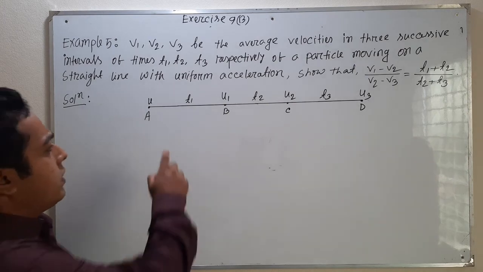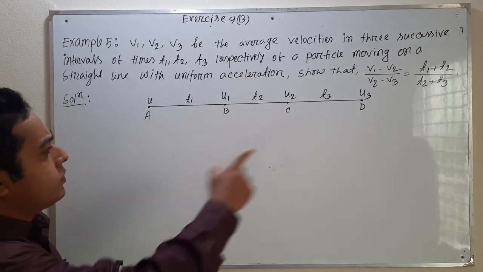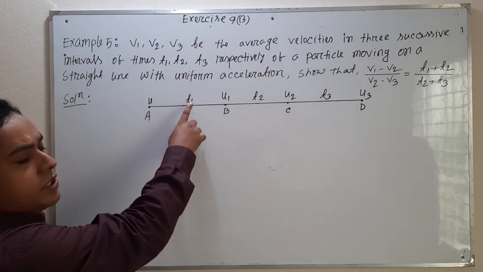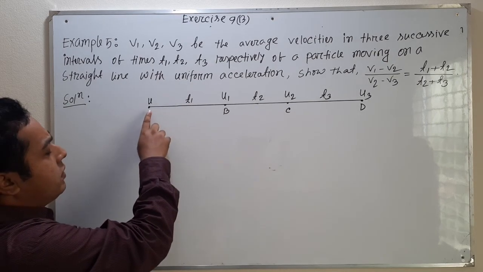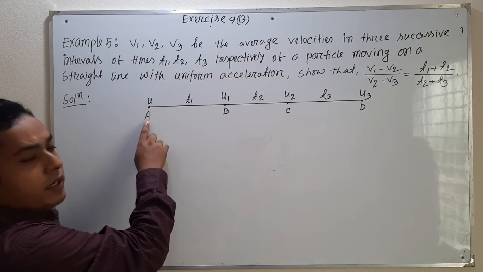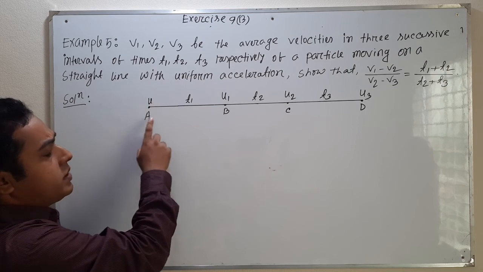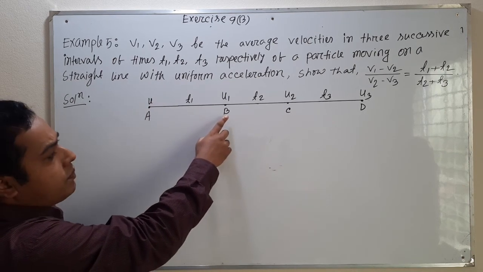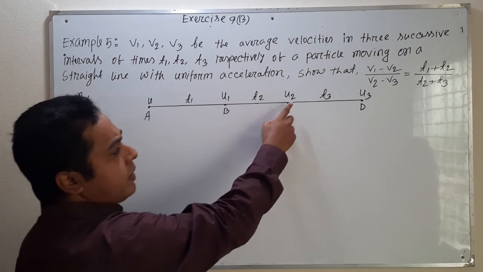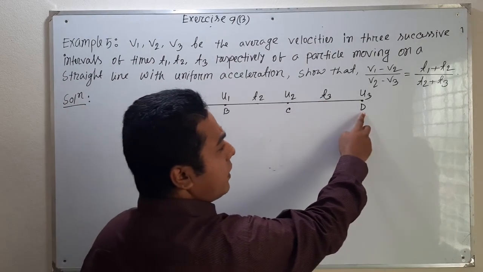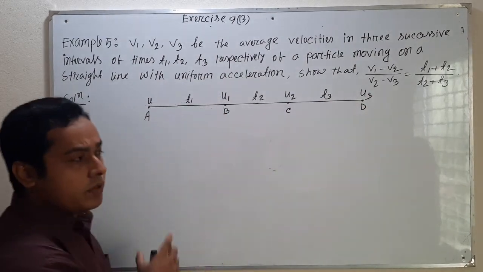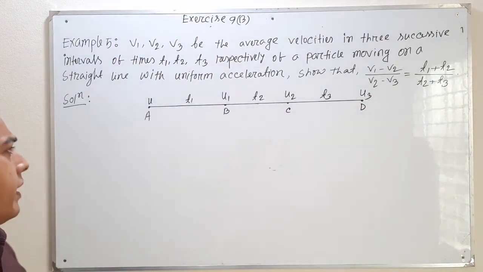This is our total journey time A to D, starting at a point A with initial velocity u, at point B u1, at point C u2 and at point D u3. Uniform acceleration is f.